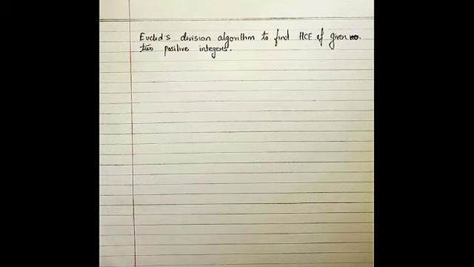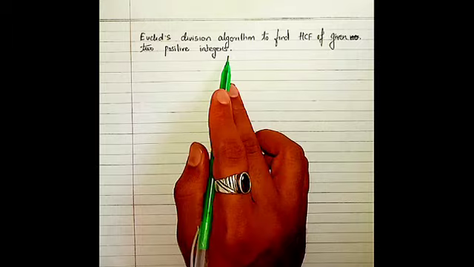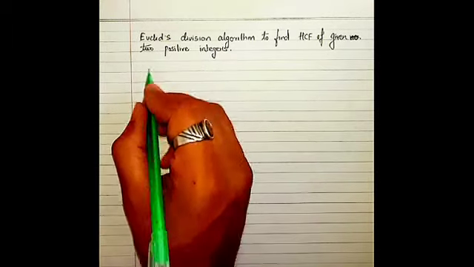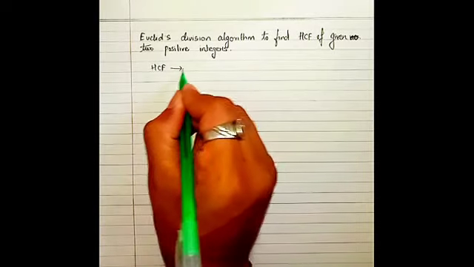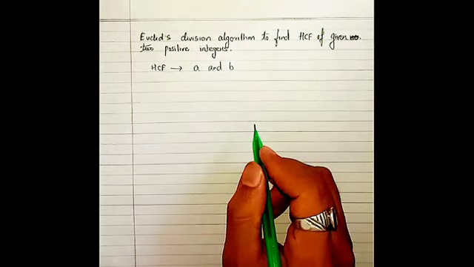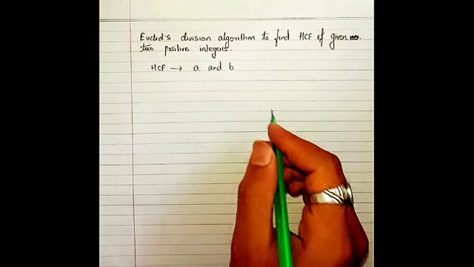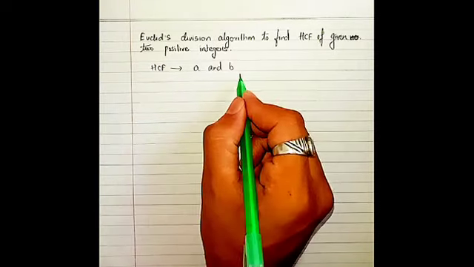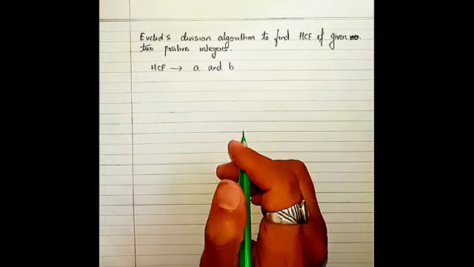Okay. So coming to our next section, this includes Euclid's division algorithm to find the HCF of two given positive integers. First we have to recall that the HCF of two positive integers, say a and b, is the largest positive integer, say d, which can divide both a and b and leaves remainder 0.